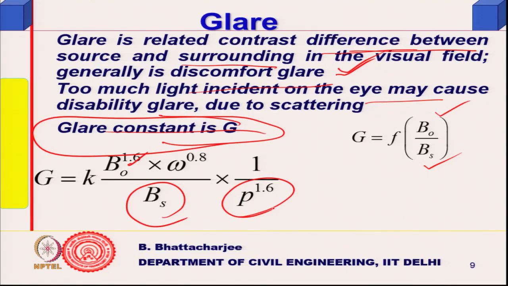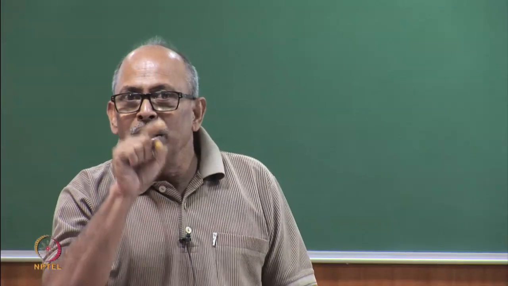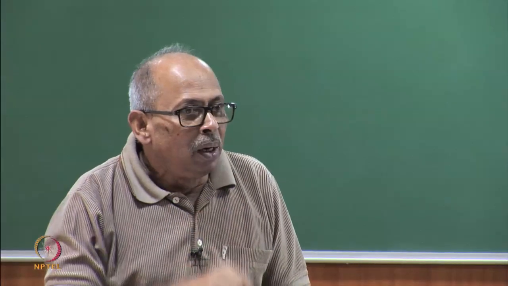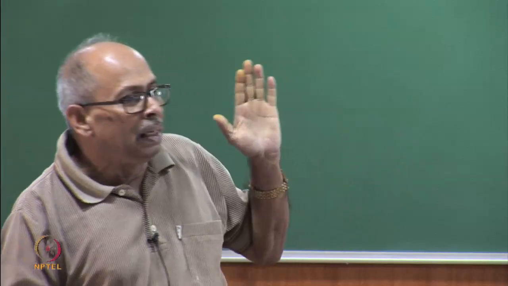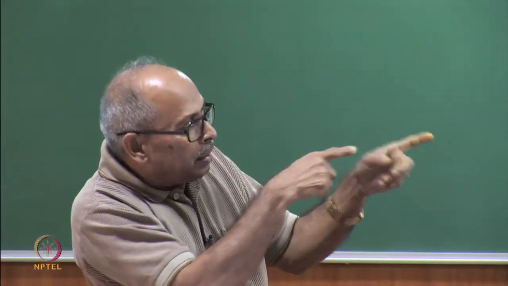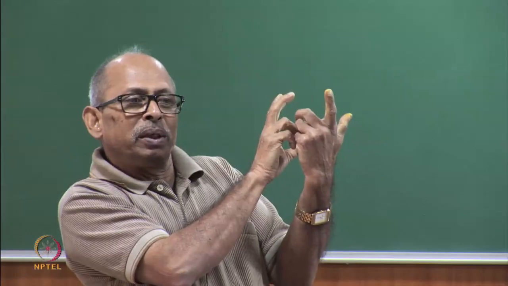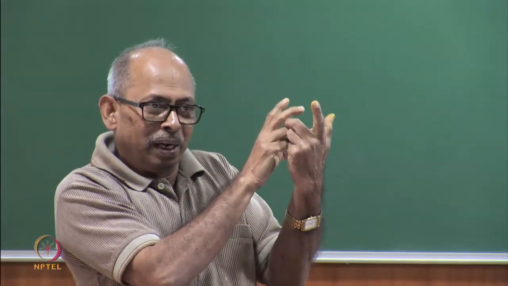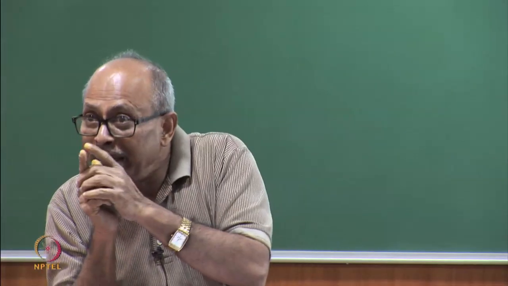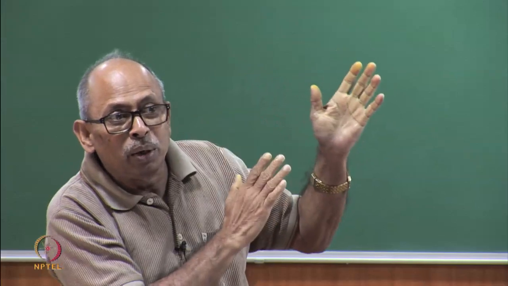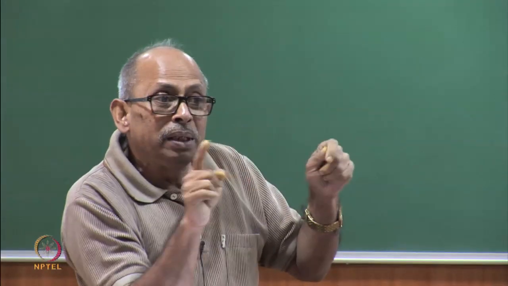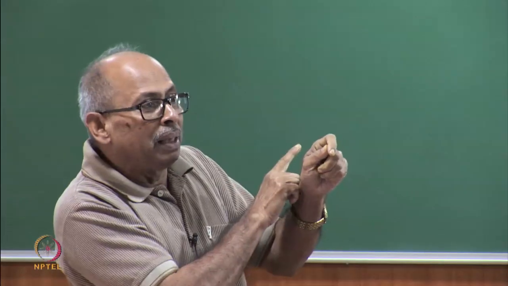Light might be coming from somewhere else and your viewing might be along another direction. For example, say the screen here, if there was a light focused from somewhere there, or the light that is here is focused towards the screen itself, that can cause glare. You are not looking at the light itself, but at the object, and the source makes an angle with your eye as well as the object.